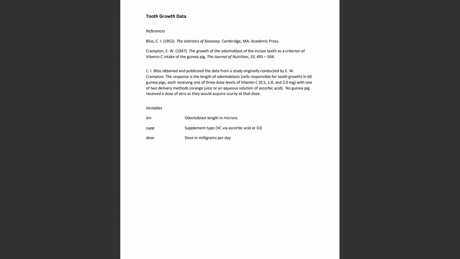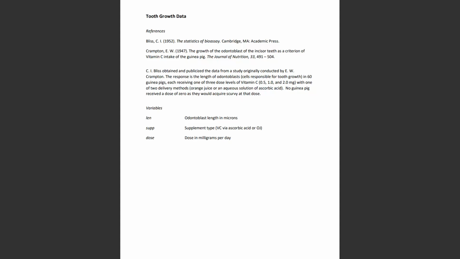Sometimes we could treat it as an ordinal variable. That is, I could say low, medium, and high doses, in which medium is higher than low, high is higher than medium, high is also higher than low. That is, there is an order, but we're ignoring the quantity.